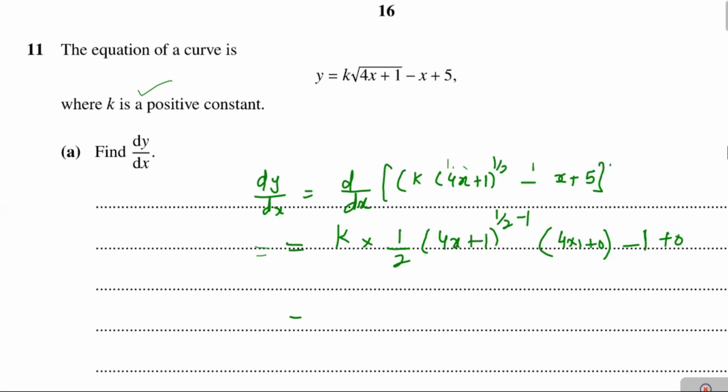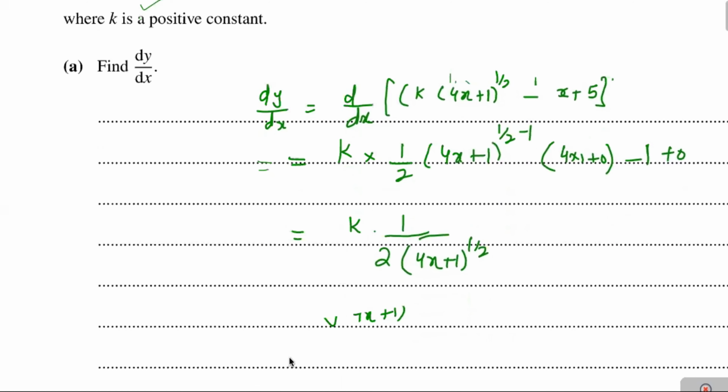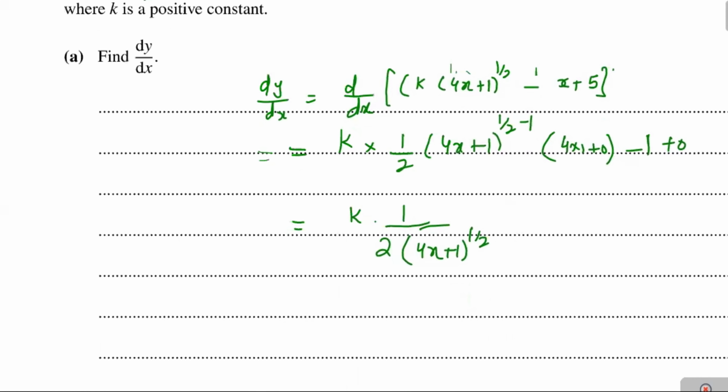Now we write it here as k into 1 over 2 into (4x + 1) power 1 over 2, and this power is minus 1 over 2. We shift the value from numerator to denominator, the power becomes positive, into 4 minus 1.